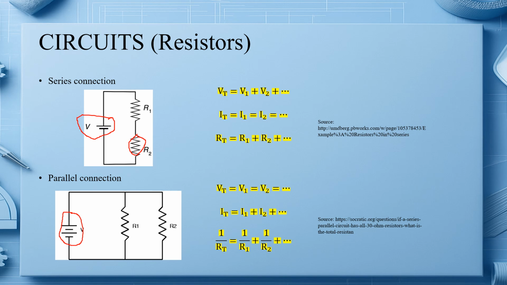The current divides here, and the total current is I1 plus I2. For the total resistance of the parallel connection, the inverse of the total resistance is equal to the inverse of R1 plus the inverse of R2.